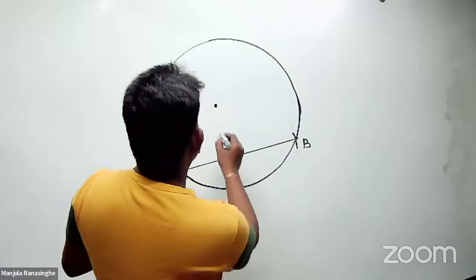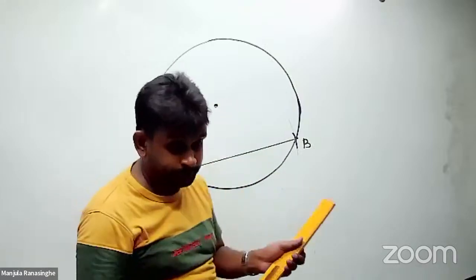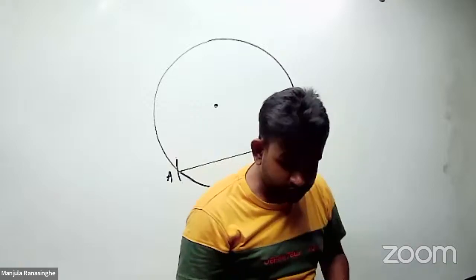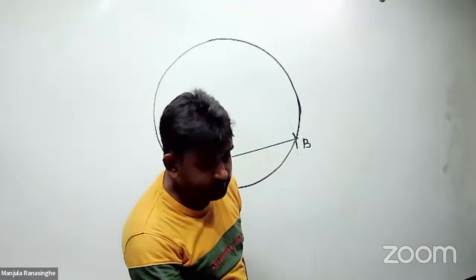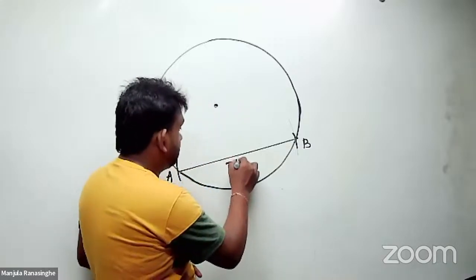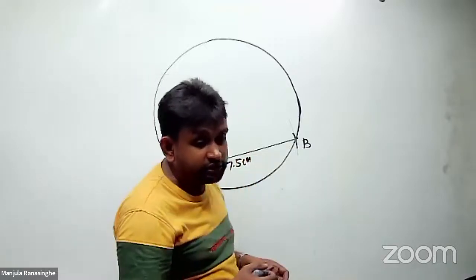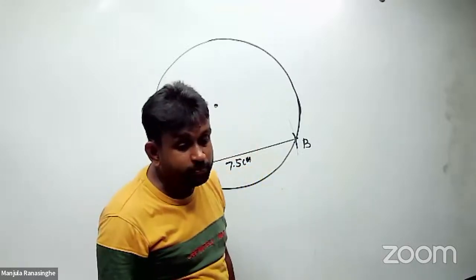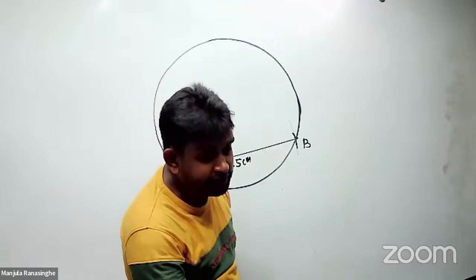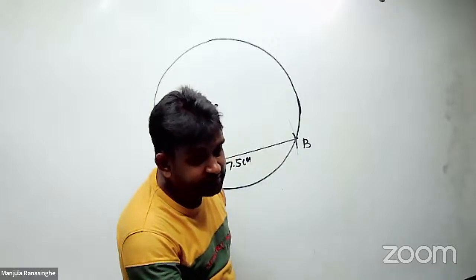Imagine that was the center. Right. So now check the next part. Construct the chord AB of length 7.5 centimeter. That is fine. Then construct the perpendicular bisector of AB and name the point at which it intersects the major arc of the circle as P.